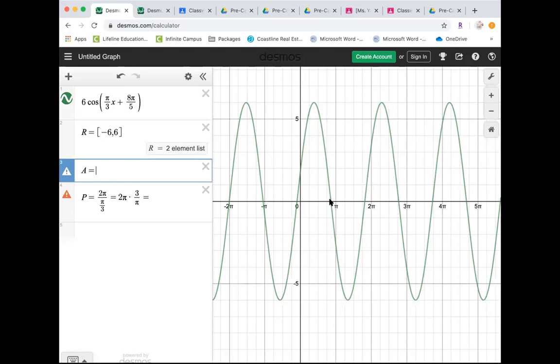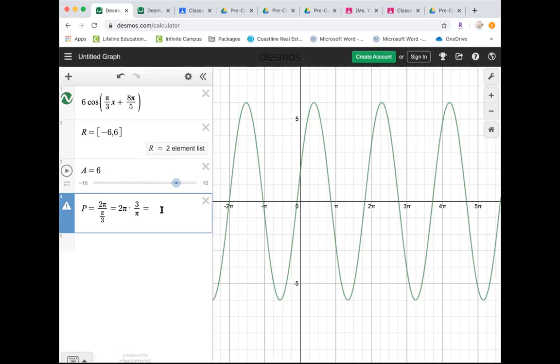If I'm looking at the middle line, it would be 6. Good. And what would be our period in this case? 6 pi over pi, and then those pi's get canceled out, so it would be 6. Okay, those are your answers to number 20.